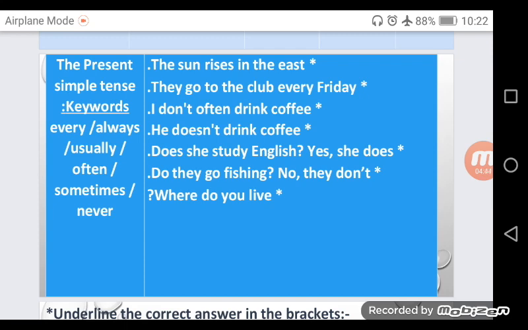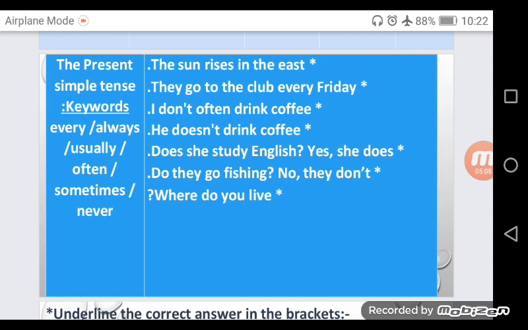So, from these examples, we notice that the present simple tells us about something that happens every day, every week, every Friday, usually, sometimes, and so on.